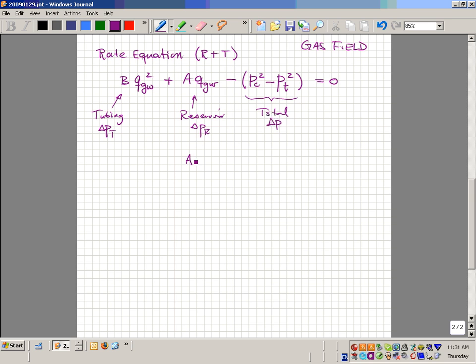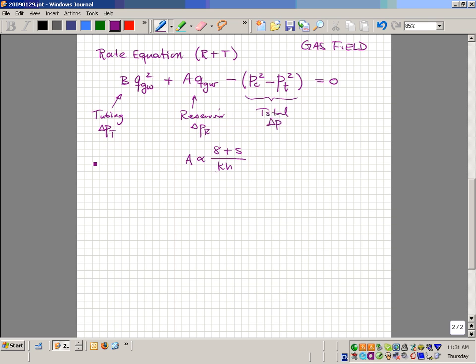A is proportional to, basically, KH and skin, which are the main parameters. The higher the KH, the less the reservoir pressure drop, right? That's a first order effect. The higher the KH, proportionally the delta pressure squared becomes less.